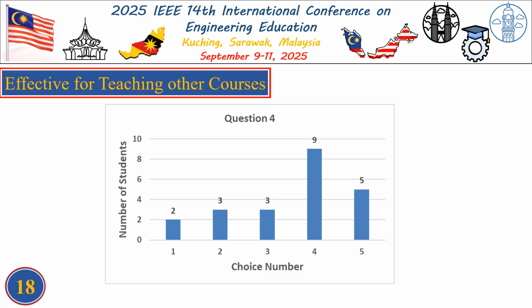Students agreed that this approach could be adapted to other engineering subjects, since the method makes complex concepts tangible and understandable. It has the potential to be applied to various education fields and topics, especially those involving complex system dynamics.